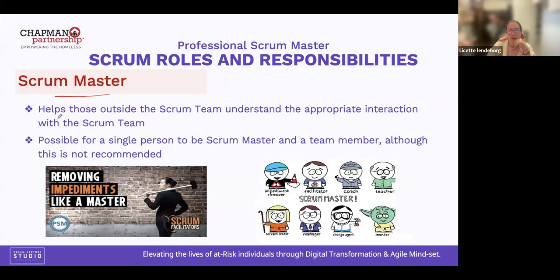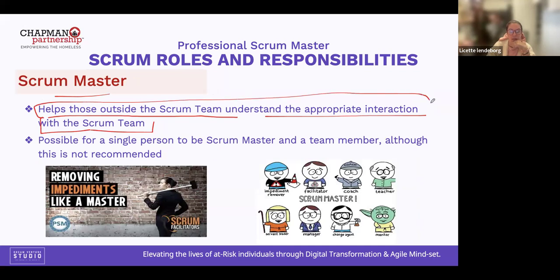The Scrum Master also helps those outside the Scrum team understand the appropriate interaction with the Scrum team. So if someone wants to do something with the Scrum team, the best way is to speak with the Scrum Master so they can include any conversation, any requirements. But remember, we need to put everything into the product backlog. It's the only source of work.